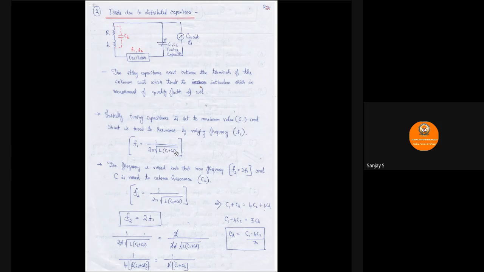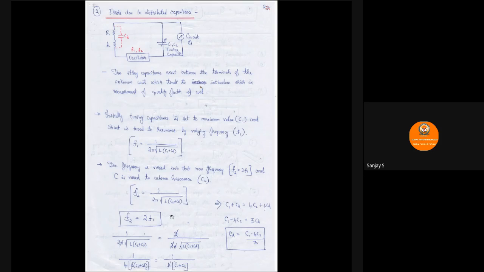Resonance occurs whenever this frequency is reached, or when this expression holds good. So this is the relevant expression. F1 is the frequency corresponding to tuning capacitance C1. Initially we set some value of C1 and adjust F1 to reach the resonance condition.